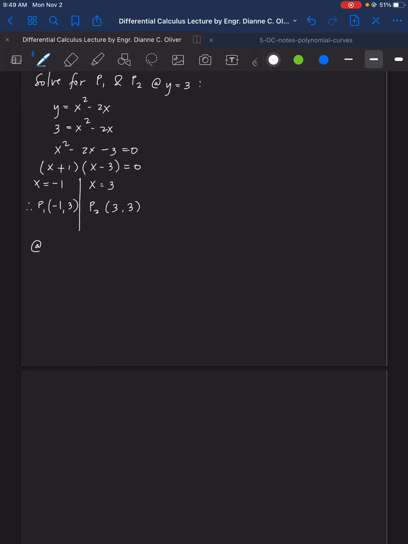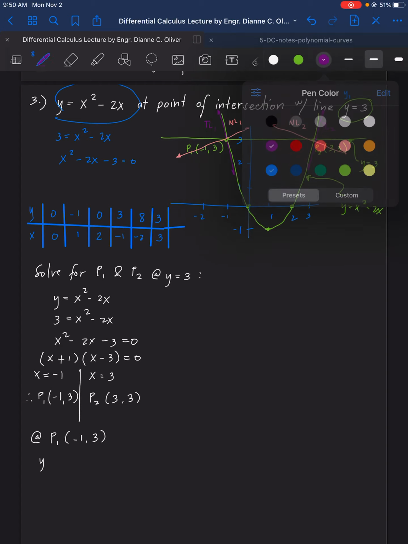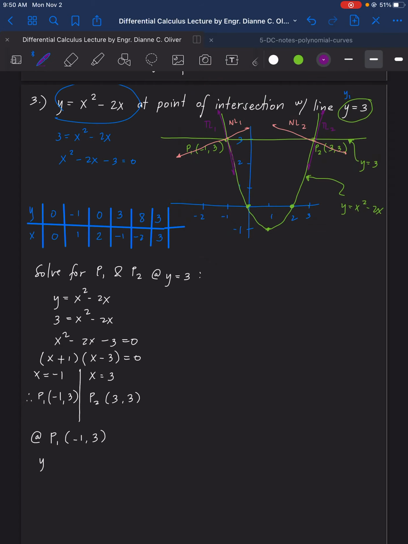So let's solve first for P1. At P1, negative 1, 3, let's have the slope. As I have said earlier, the slope for point 1 will be different from the slope of point 2. If you observe, tangent line 1 here in the drawing is moving downward, whereas tangent line 2 is moving upward. So they are two different slopes.